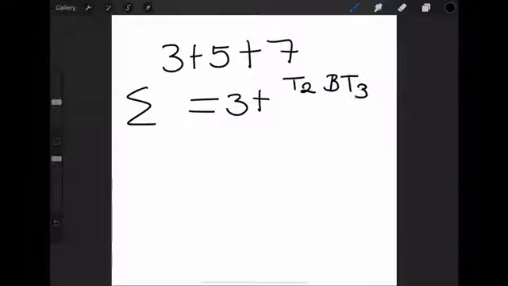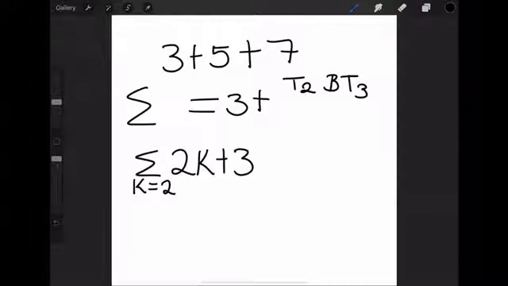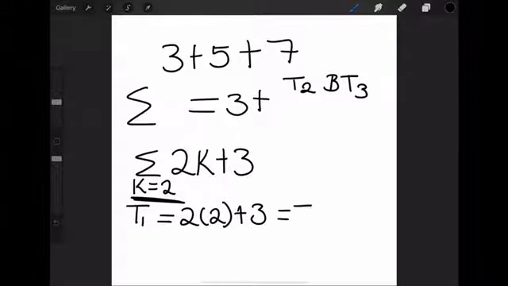Another thing that a lot of people often get confused of, if I go back to my sigma and I had k equals 2 instead of 1 in this case, and we had 2k plus 3. To find term 1, we always use the first number that they give us. So it would be 2 times 2 plus 3, which would give us 7.